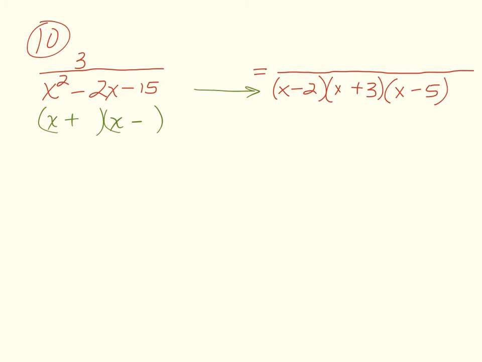So that's going to be a negative 5, positive 3. Now we can look at this and this to see what's missing. What's missing is a factor of x minus 2. So if we multiply this by x minus 2, we have to multiply this by x minus 2. All right, and let's multiply it. We get 3x minus 6. That's the new numerator.